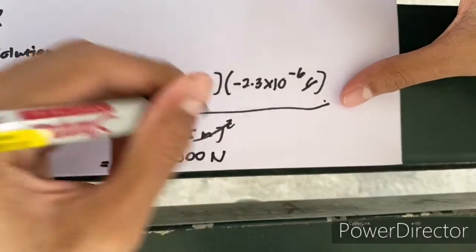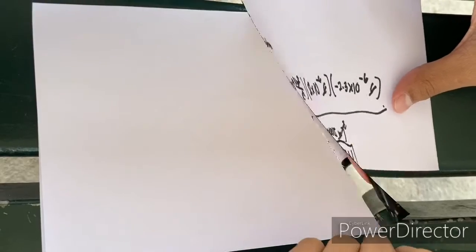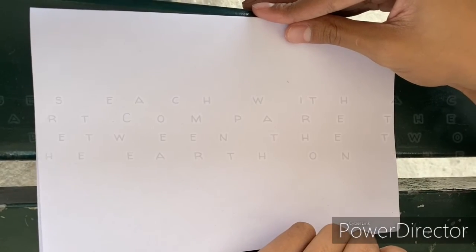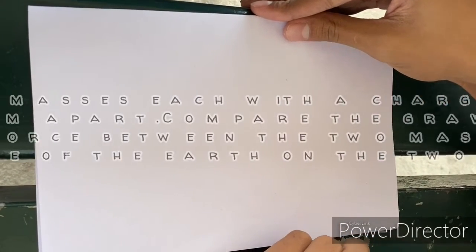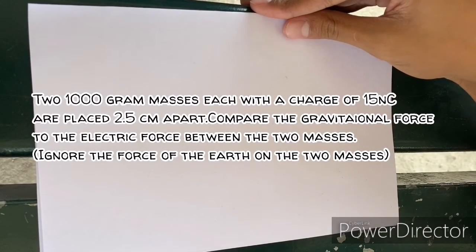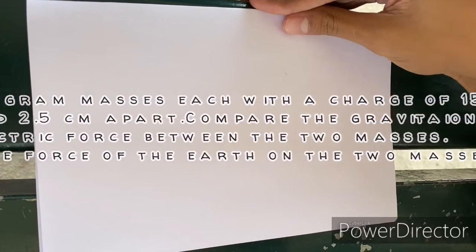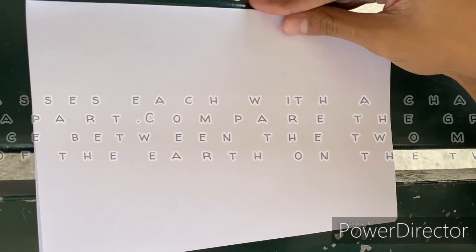Two 1,000 gram masses, each with a charge of 15 nanocoulomb, are placed 2.5 cm apart. Compare the gravitational force to the electric force between the two masses. Ignore the force of the Earth on the two masses.